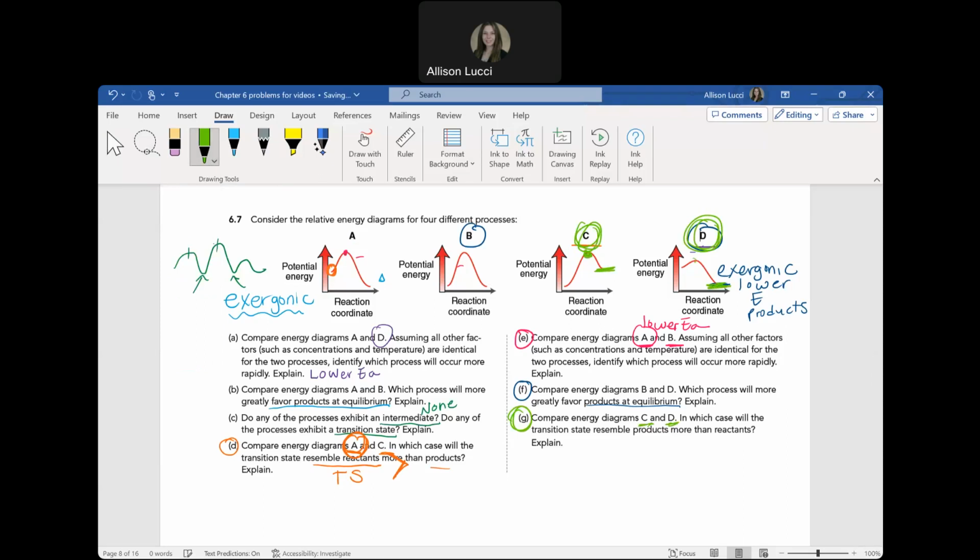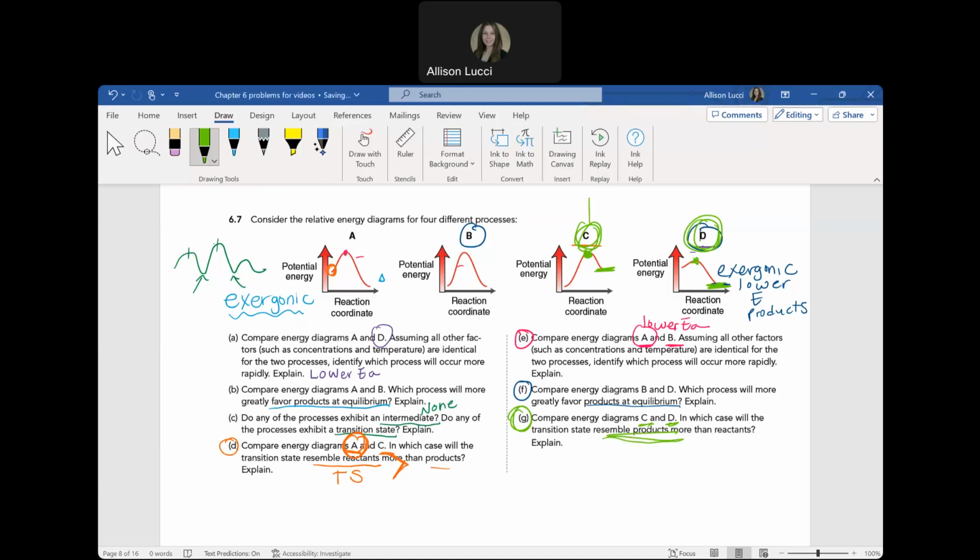So we'll compare C and D and look at the relative energy between the transition state to the product. So we see process C would more greatly resemble products at the transition state because they're closer in energy. So we're asked to resemble products in this example here.